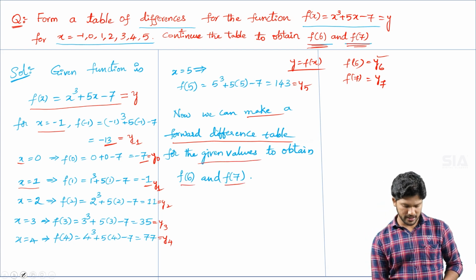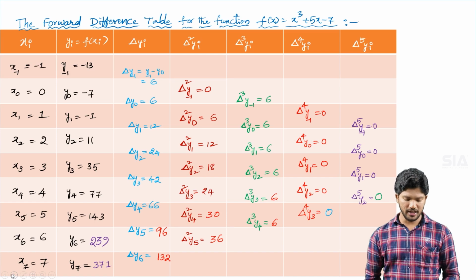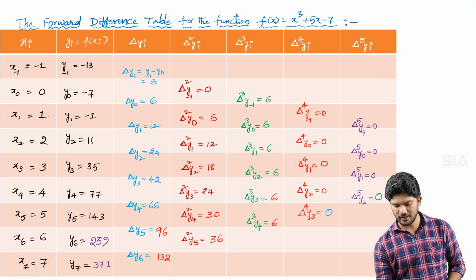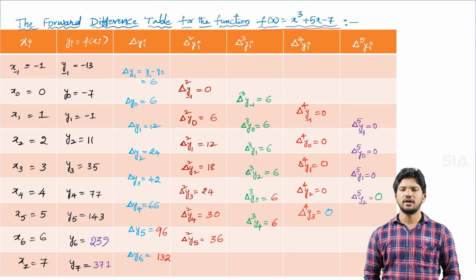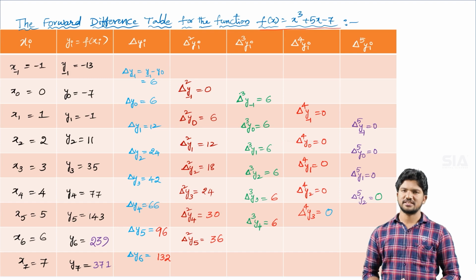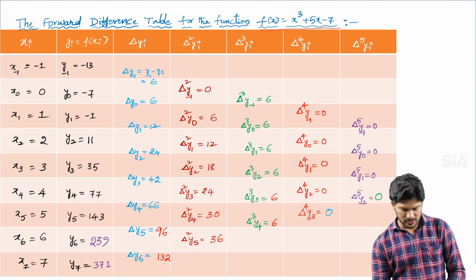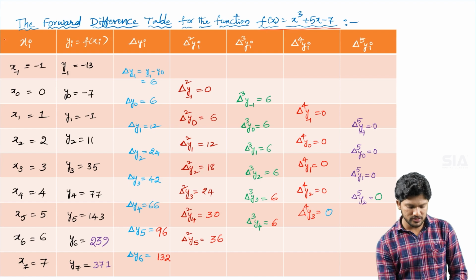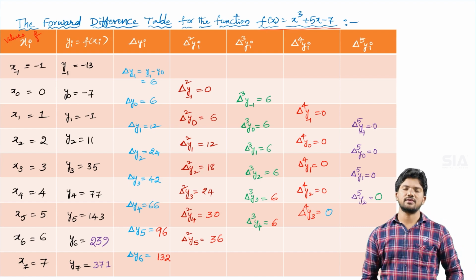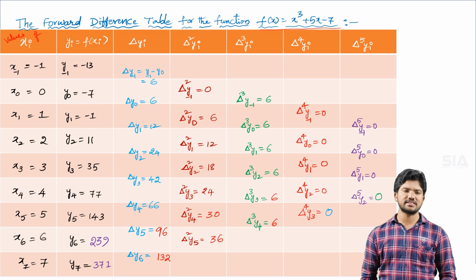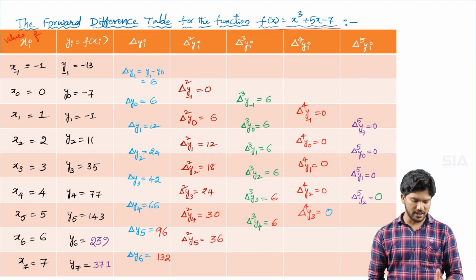Now you can see the table. Here is the forward difference table for the function f of x is equal to x cube minus 5x minus 7. In the table, first we take the values of x i, which are the given values.